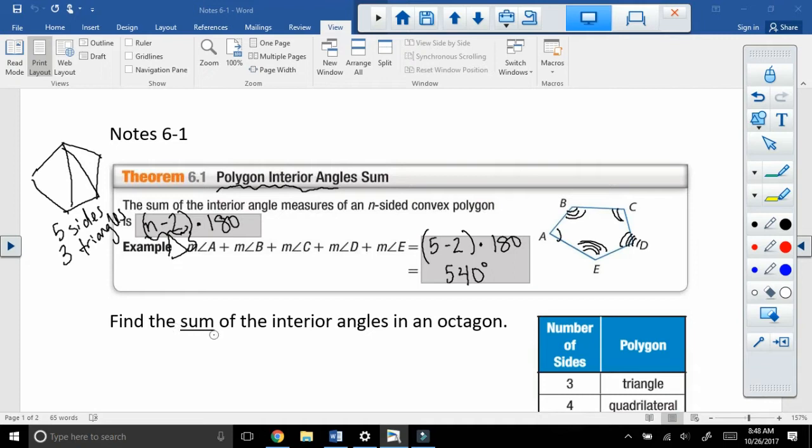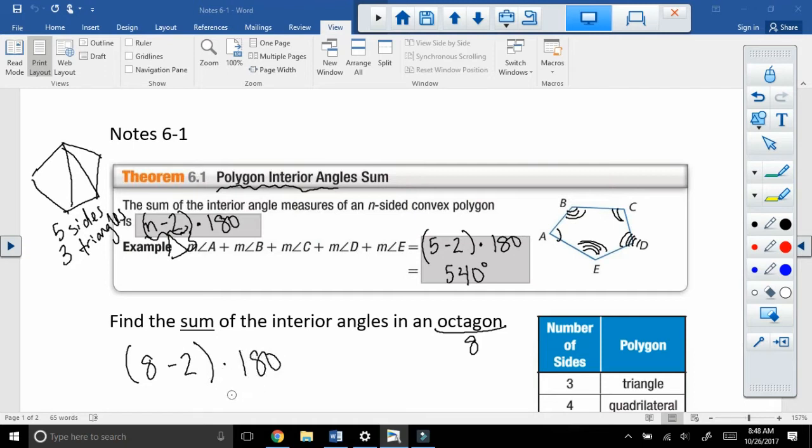So if I wanted to find the sum of the interior angles in an octagon, you can't see my whole chart, but I do have it on there for you just as reference. That is something that I expect you to know. But an octagon has 8 sides, so I could take the number of sides minus 2 and then multiply that by 180.